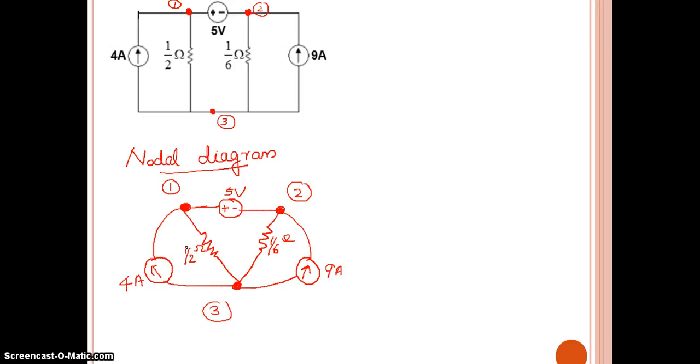Now our next step is to assign voltages. For node 1, I can assign the voltage V1, for node 2 V2, and for node 3, the reference node, V3.